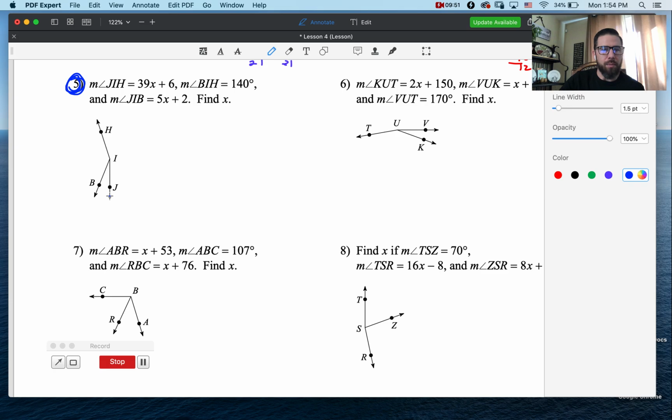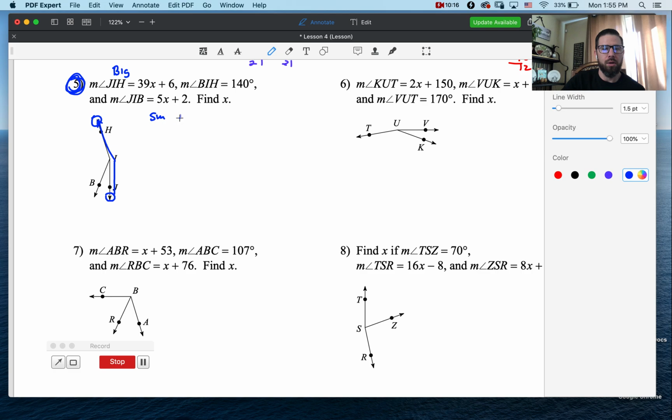Okay, now, I said, remember, if you ever go from tip to tip, like from arrow to arrow, it's going to be your big. So let's see if that happens here. JIH. From J to I to H. You see how we did that? We went from arrow to arrow. That's going to be our big. So this guy is our big.